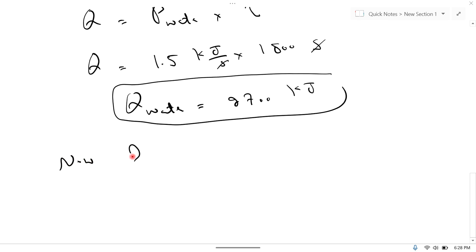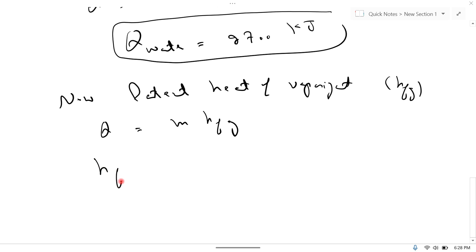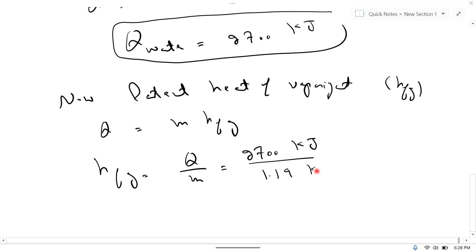Now we can find the latent heat of vaporization. Latent heat of vaporization is basically h_fg, as Q is equal to m multiplied by h_fg. So h_fg is equal to Q divided by m. Q to water is 2700 kilojoule, and mass is equal to 1.19 kilogram, which is given to us.